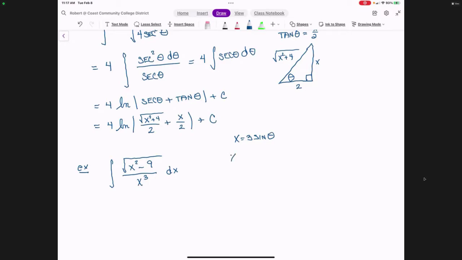What if we were to let x equal 3 secant of theta? Then x squared minus 9 would be 9 secant squared theta minus 9, which would be 9 times secant squared minus 1, which would be tan squared theta.